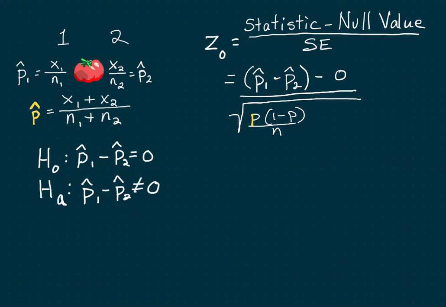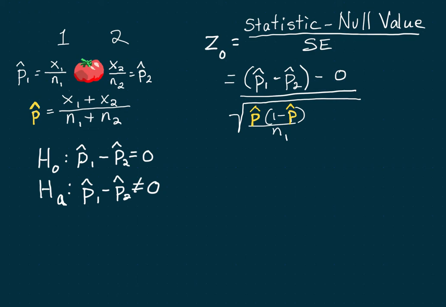And the proportion we are actually interested in is the proportion of rotten tomatoes overall, this P hat that we would calculate here. So P hat, no subscripts, and also that P hat shows up here. But the n does have a subscript. It has a subscript of 1.